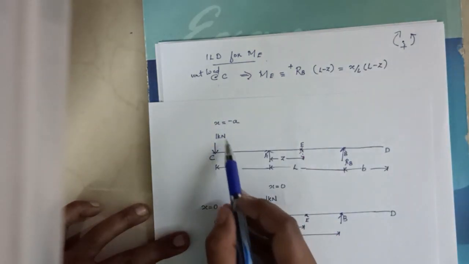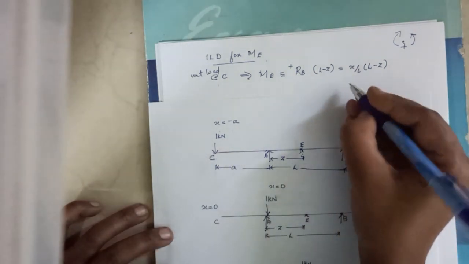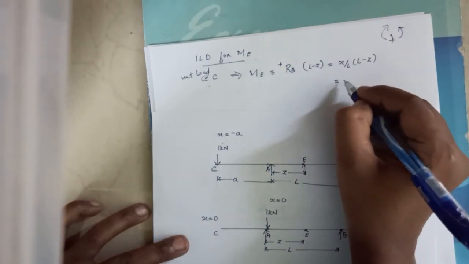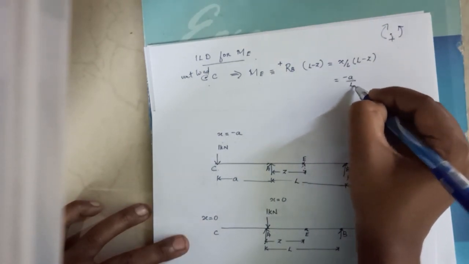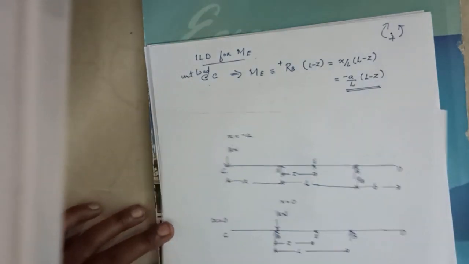At C, x is equal to minus a. Therefore, the moment at E will be equal to minus a by L into L minus z. Okay.